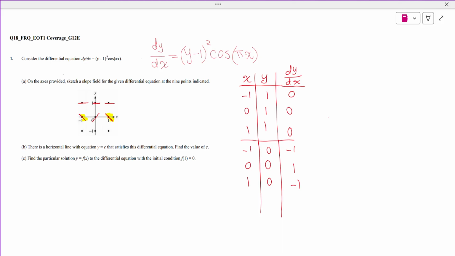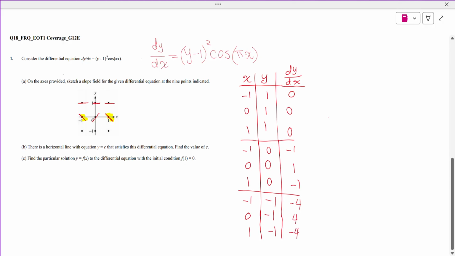Now, the last row, where we have negative 1 and negative 1, we also have 0 and negative 1 and 1 and negative 1. So let's check the value of the derivative at those points. So we are getting negative 4 and then 4 and then negative 4.